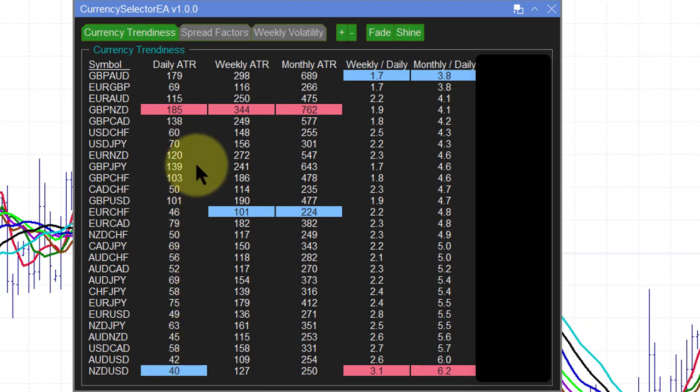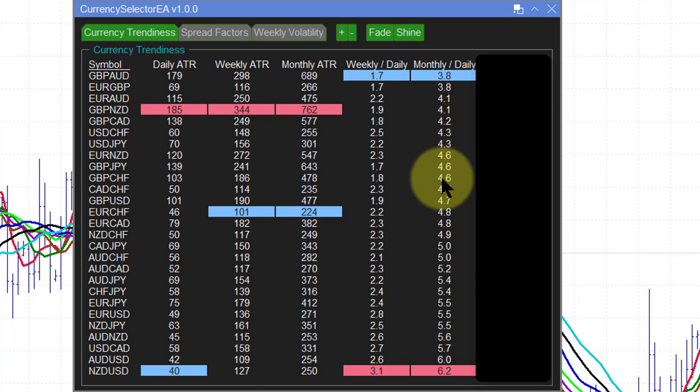So for instance, if you are trading a breakout or trending strategy, you would choose a currency that has a reasonable volatility, like the pound yen has got quite a nice reasonable volatility and a reasonable trending factor.